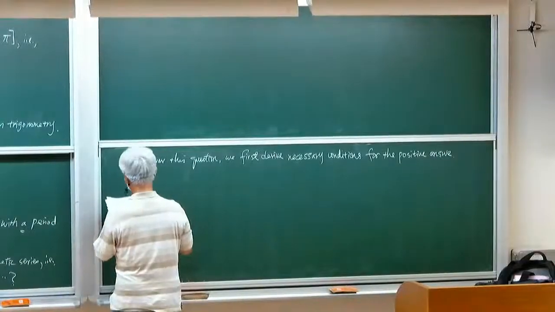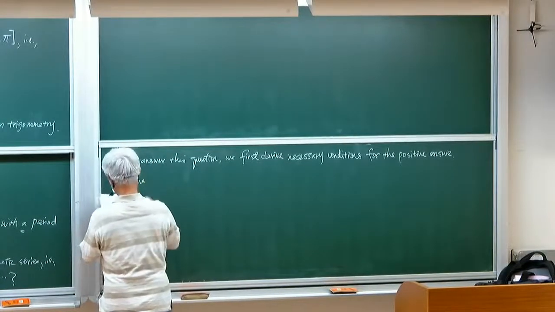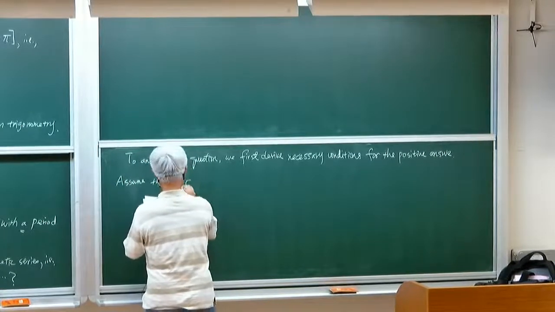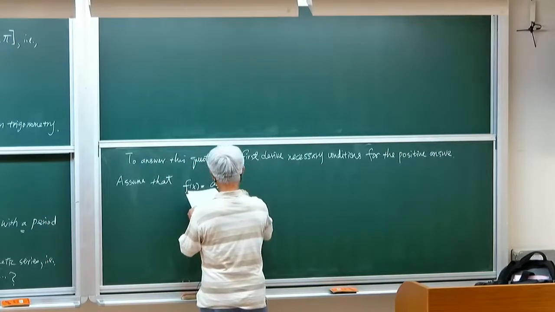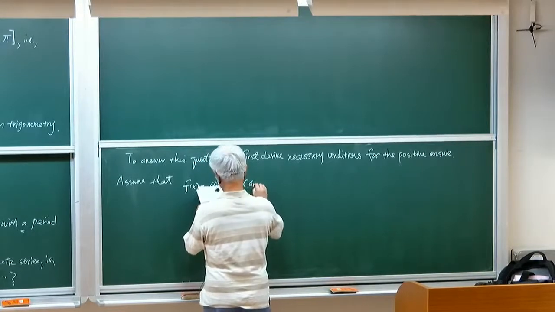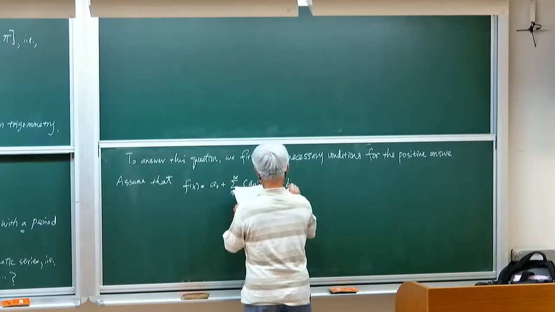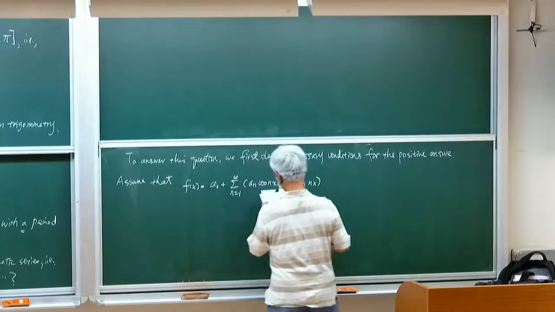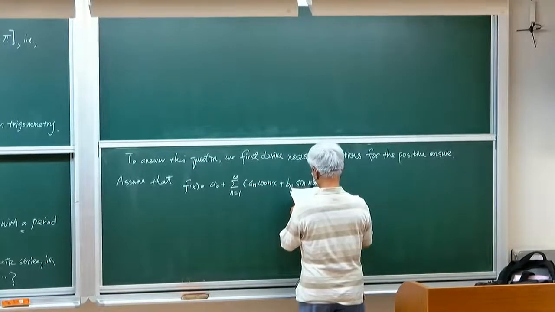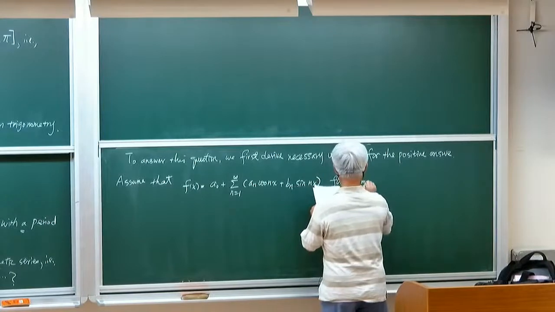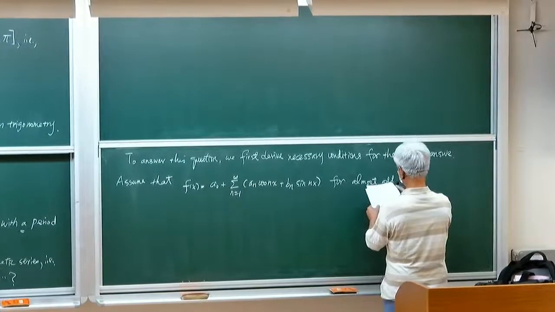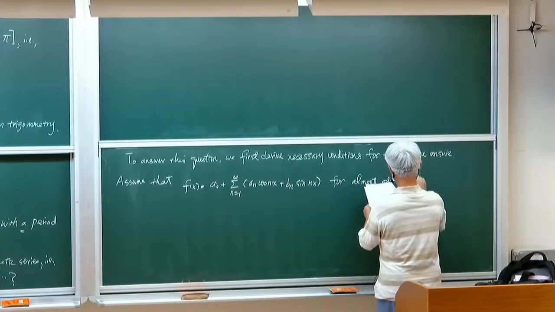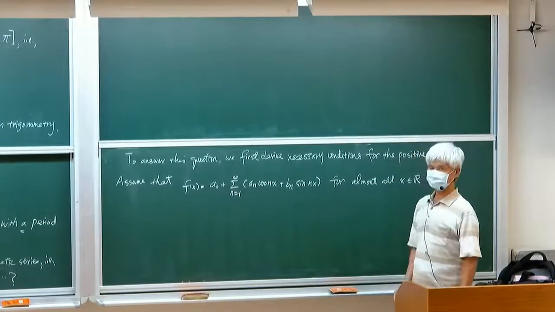So assume that the answer is positive. All right, so assume that f of x can be written as here, for almost all x in R. Okay, so assume almost all.